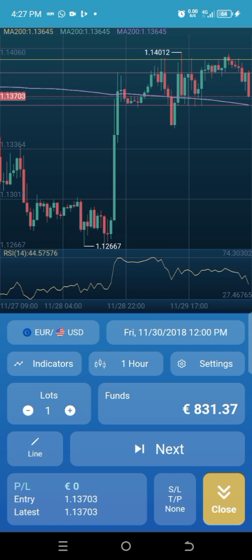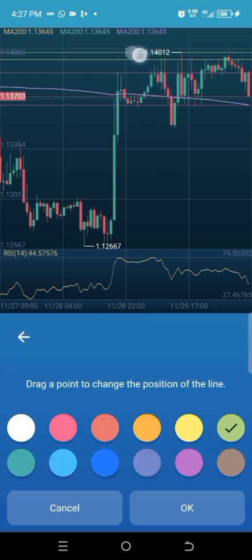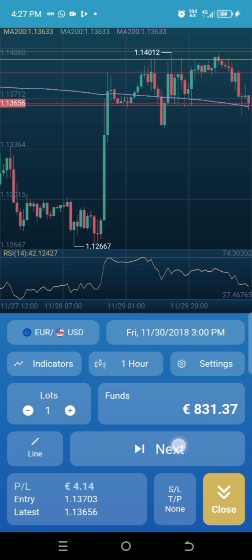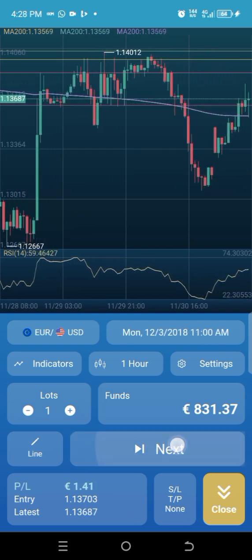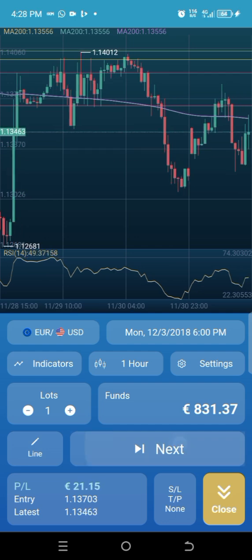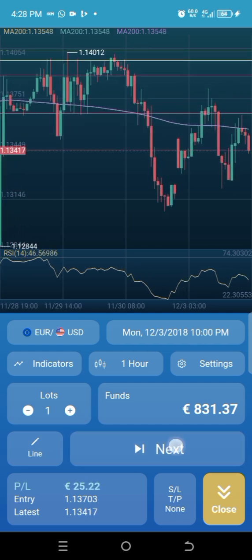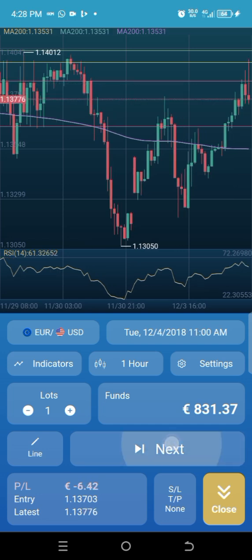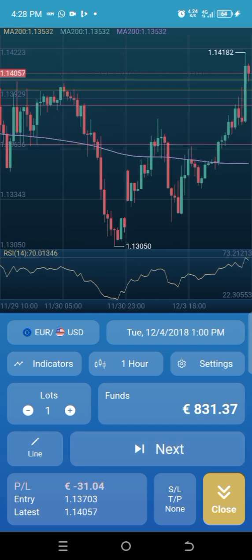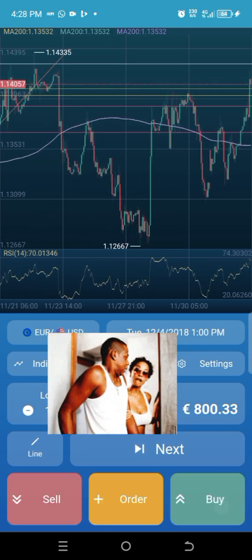Entry. Stop loss. Does hit my area. Stop loss. Stopped out, which is okay.